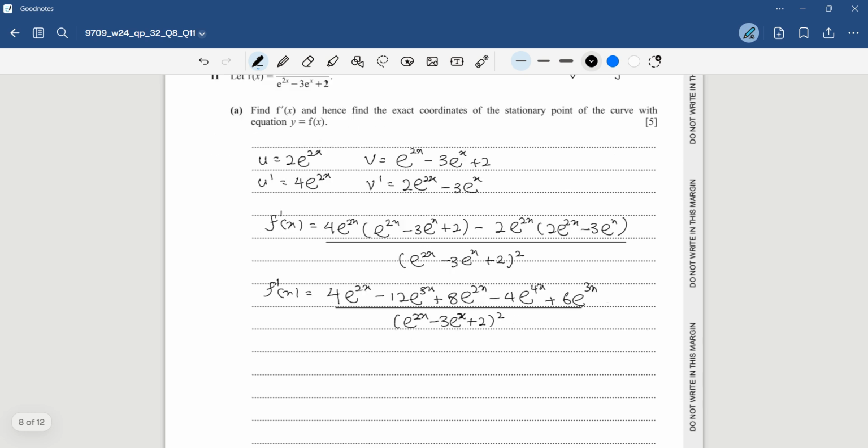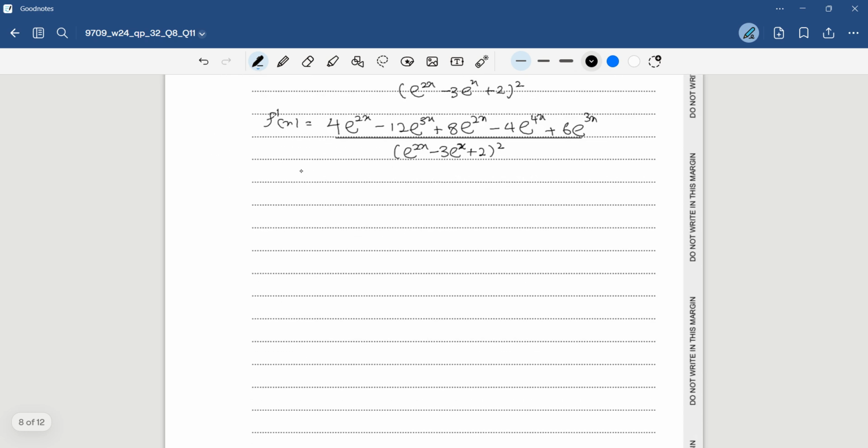Okay, so I can cancel off this 4 minus 4, so negative 6e^(3x) plus 8e^(2x) over (e^(2x) minus 3e^x plus 2) squared.